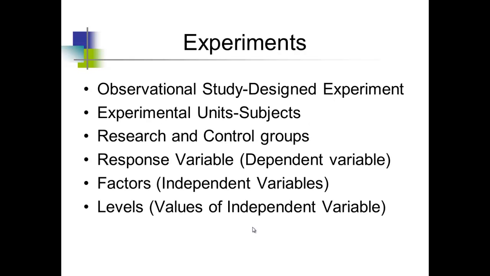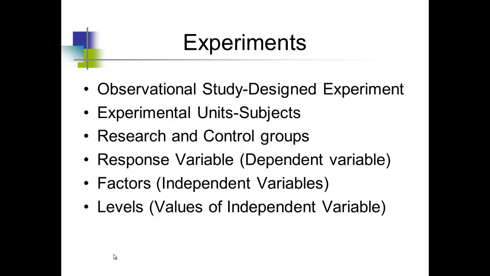There's also other types of research. There's experiments, where there's observational study designed experiments. These are anything from people conducting sort of hypotheticals and scenarios to research that would never be allowed to pass an institutional review, an IRB review.